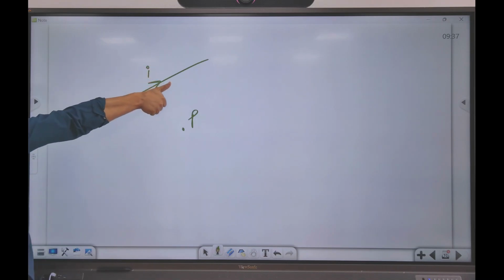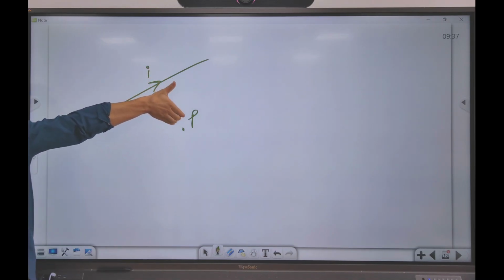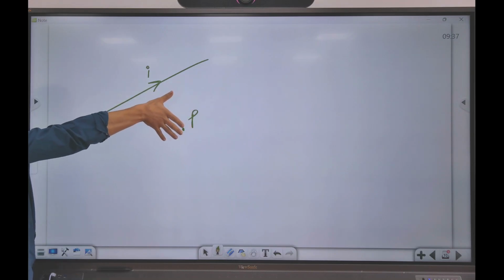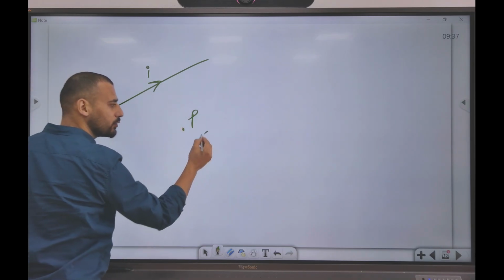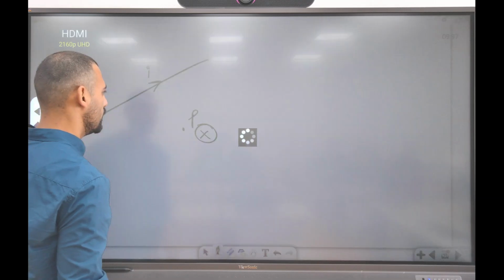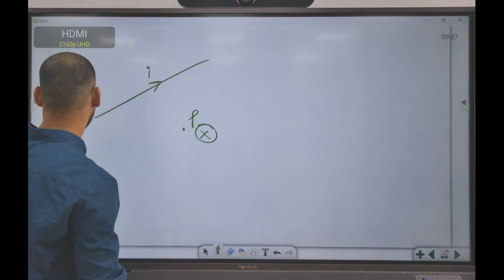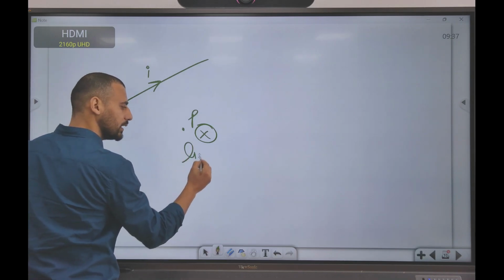So if the current is flowing like this, the fingers are going into the board, isn't it? Right? So when they are going into the board, that means you can show it by a cross, and you can say that it is inwards.